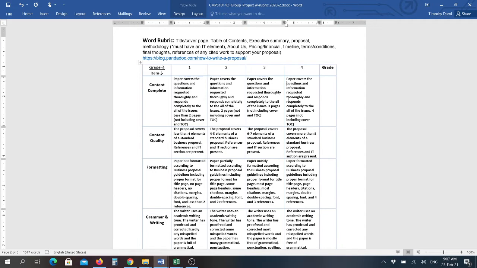That could be the use of software applications such as QuickBooks. It could be that your business is going to have a website. It could be that you have an Access database to control your inventory. So there's going to have to be something in your business proposal that relates to the IT element of your business. This is required, okay?